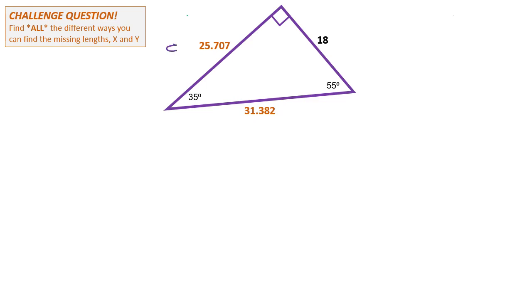So we found all these different lengths, right? I'm going to call that A and that B. You could have done a reverse, but we're just going to do it like that. And remember that when using the Pythagorean theorem, your C is always going to be your hypotenuse. So let's check this out.